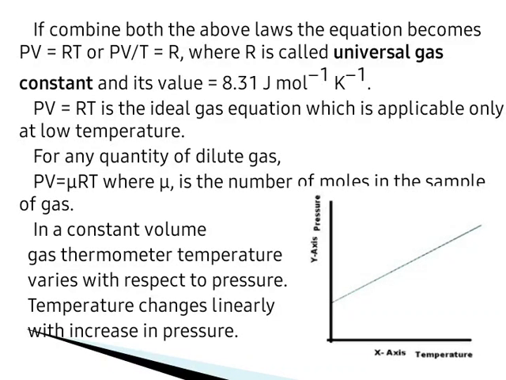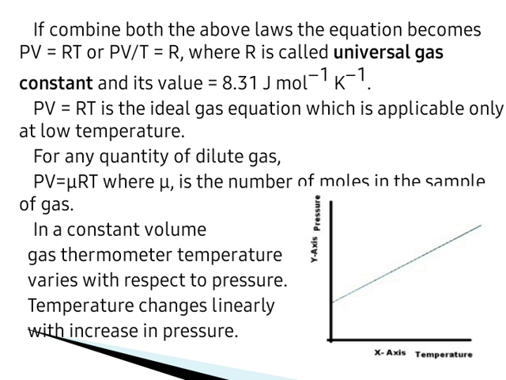In this case, it shows the number of gaseous molecules. 1 mole of gaseous substance is equal to 6.023 into 10 to the power of 23 molecules in the substance. It is also called Avogadro number.